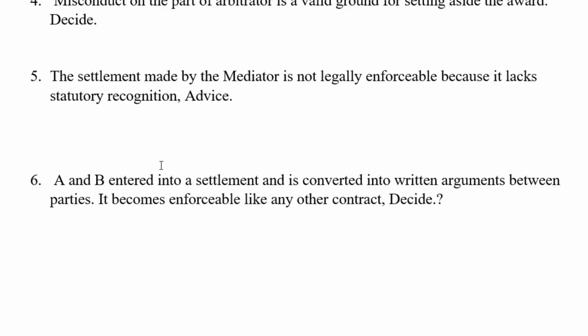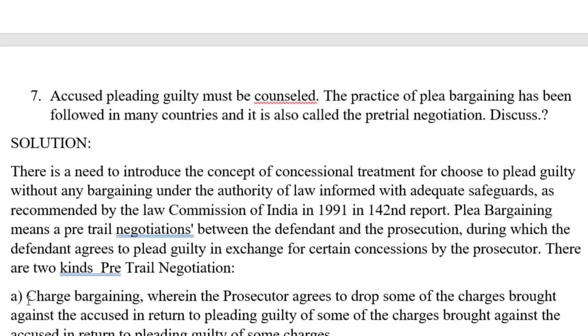Then we can see one question with regard to the negotiation problem, how the problems have to be solved under the negotiation. So I have taken the problem with regard to the bargaining, with regard to the pre-trial negotiation.